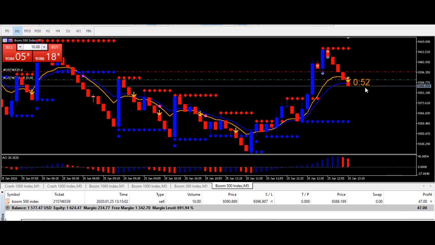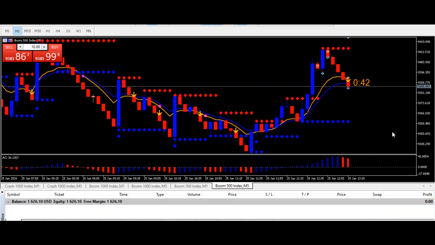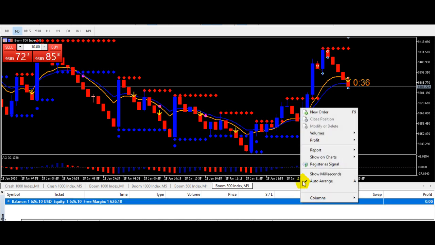Once it is 30 seconds to off, I'm going to exit. You can just exit here, keep your profit and stay away. Because this is Boom 500, they actually move more erratically than their counterpart, Boom 1000.